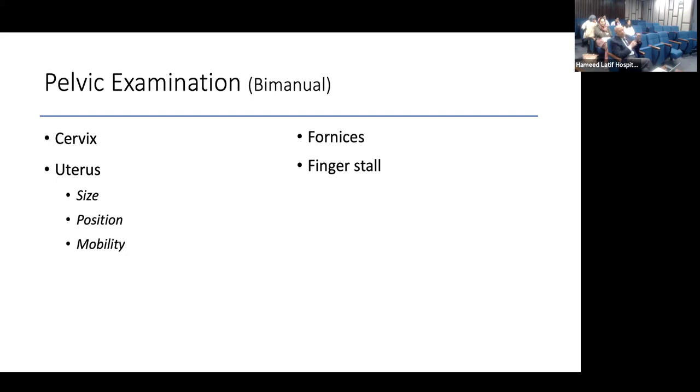These days, because of the wide availability of ultrasound and our resort to that, the pelvic examination is getting a back seat. But still, I think that it is important for us as clinicians to be familiar with that, to have a good idea of how we are going to assess the uterus.